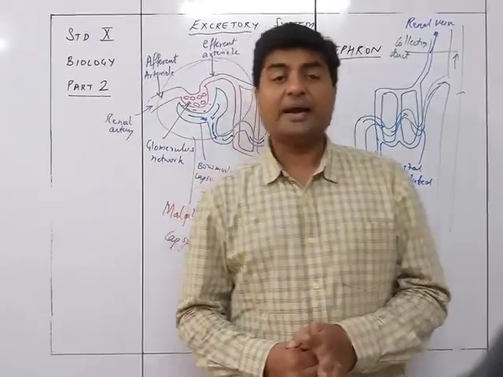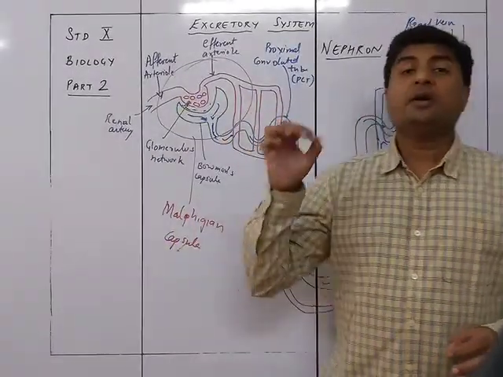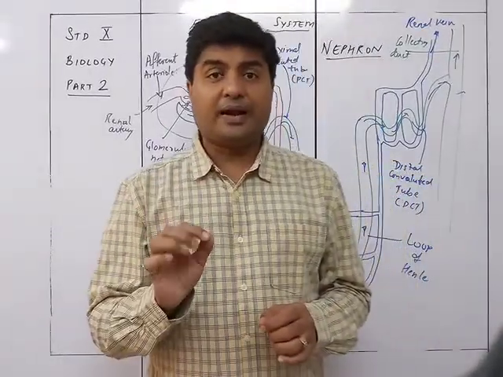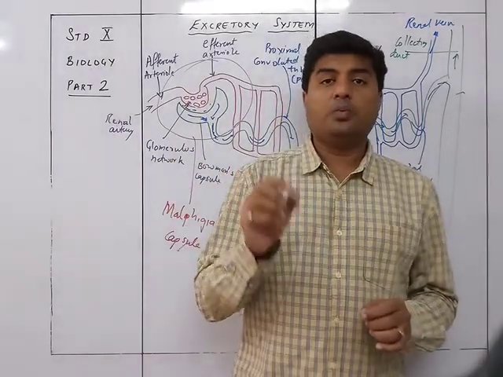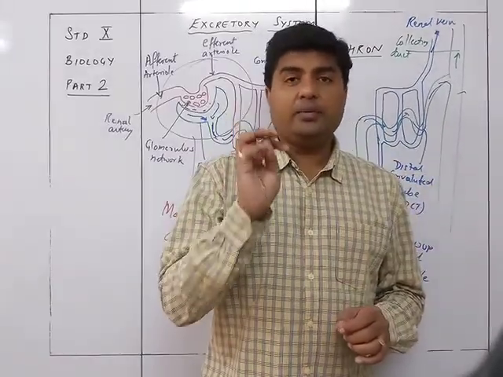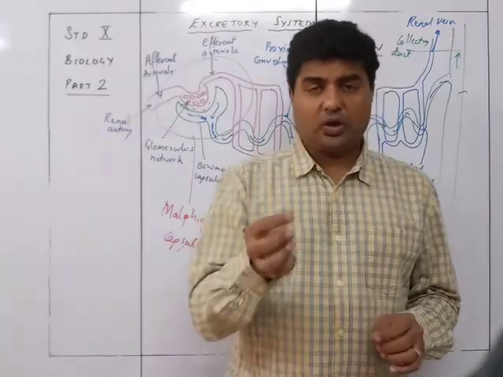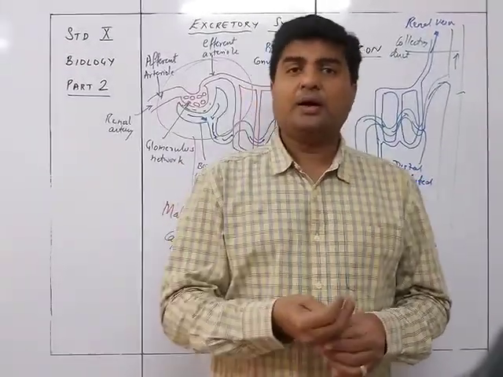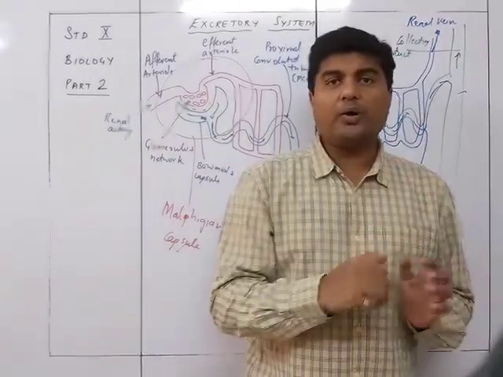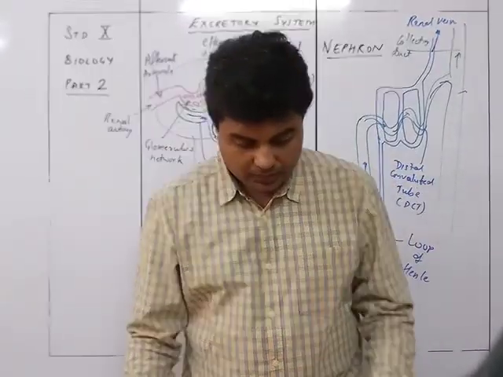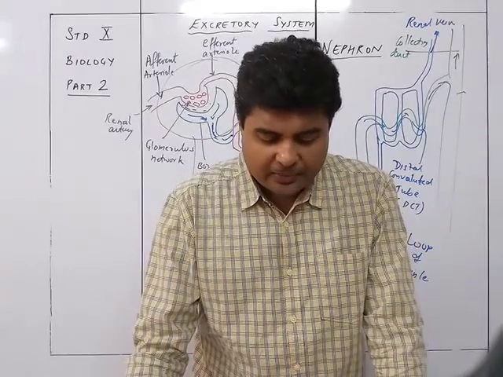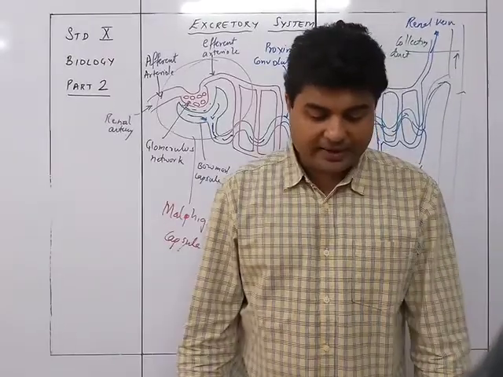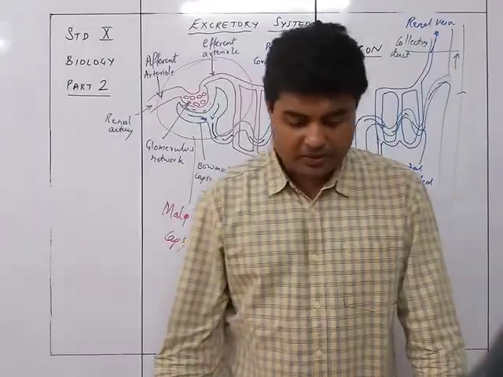So we see that during ultrafiltration, the complete plasma part of the blood, including the organic and inorganic salts, the amino acids, the glucose, everything is going to be thrown out of the blood. The fluid entering the renal tubule is called the glomerular filtrate.